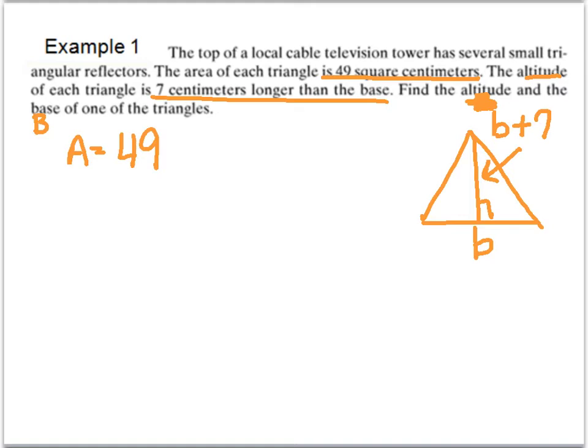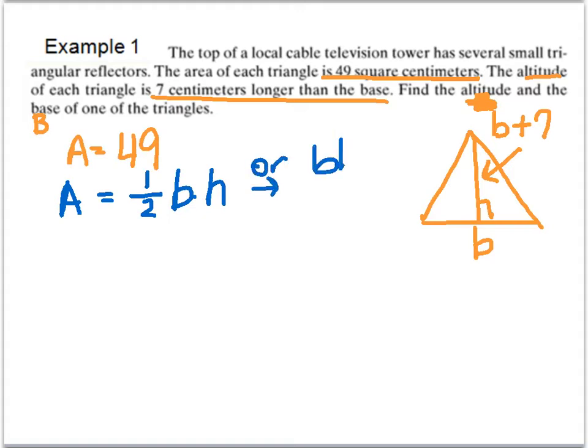Now I should also know that the area of a triangle is equal to 1/2 times the base times the height. You might also see this formula written as base times height over 2, and I tend to like that one more than the other.